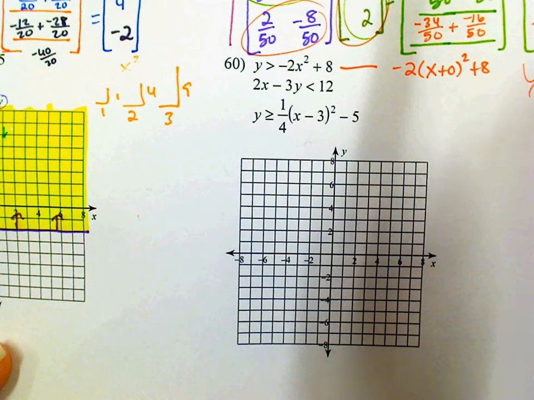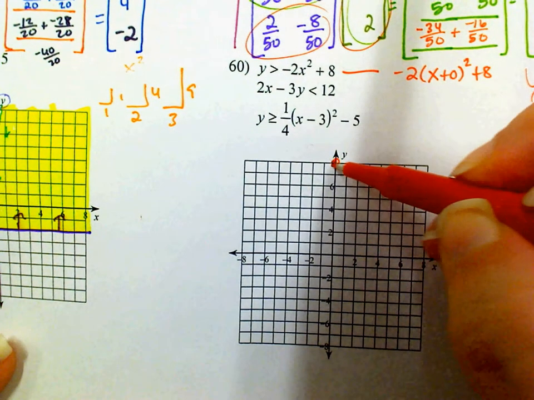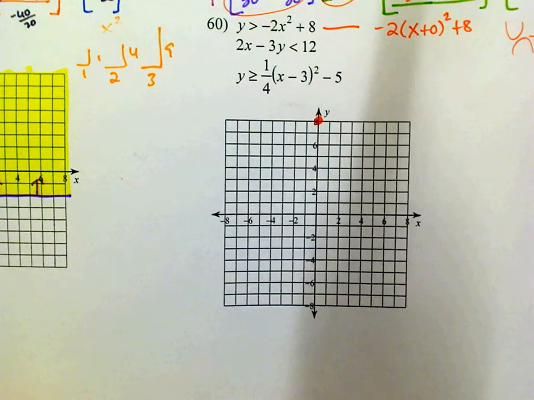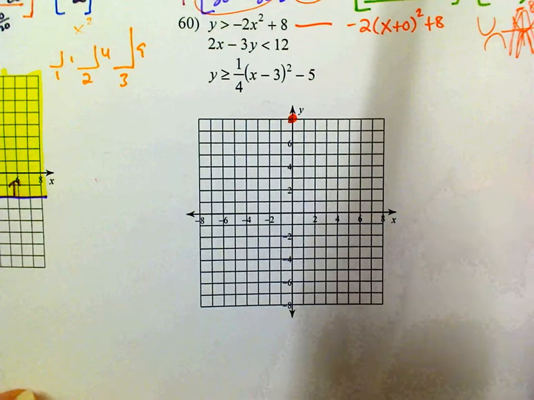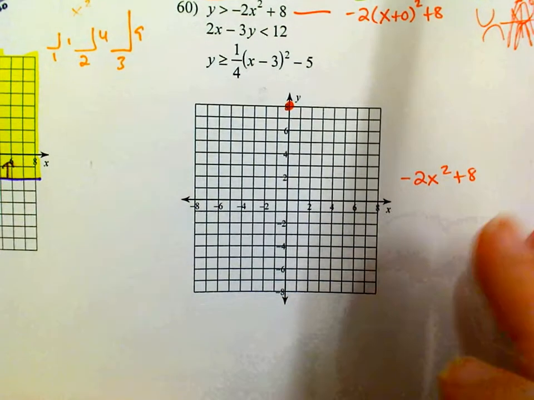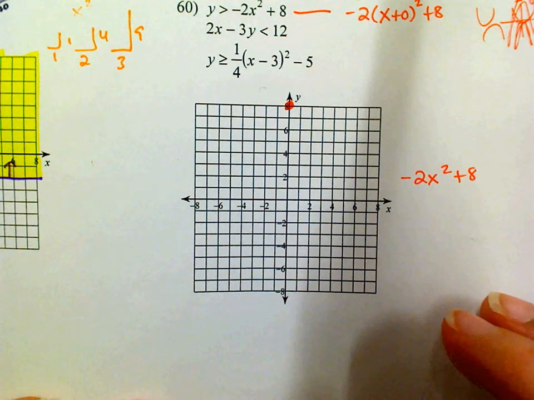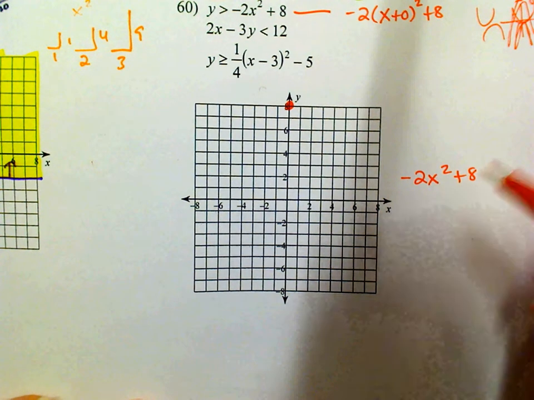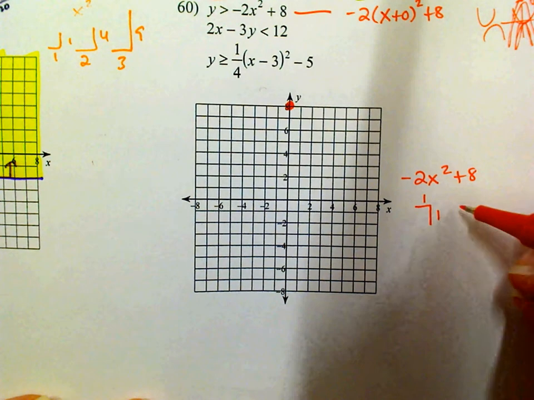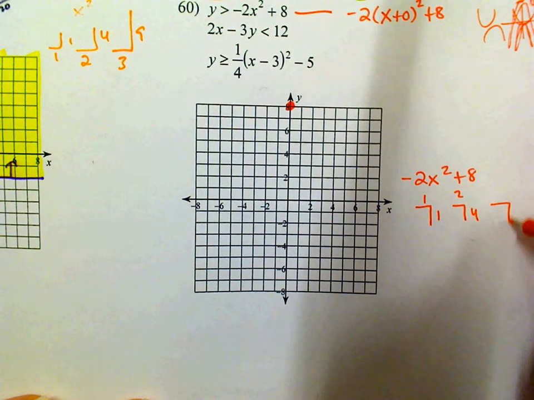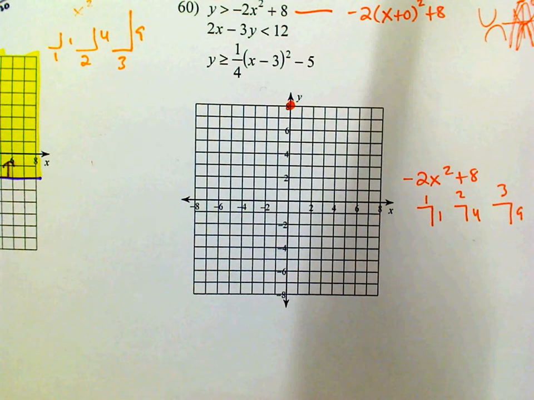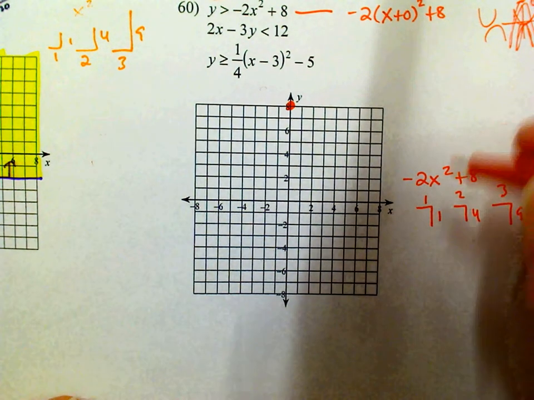So I'm going to go up to 8 and put my point. Now for this graph, negative 2x squared plus 8, the pattern is to the right and up or down? Down. So to the right 1, down. I'm going to go ahead and do the normal pattern, 2, 4, 3, 9. But the 2 is a vertical stretch, so I have to multiply all the verticals by 2.